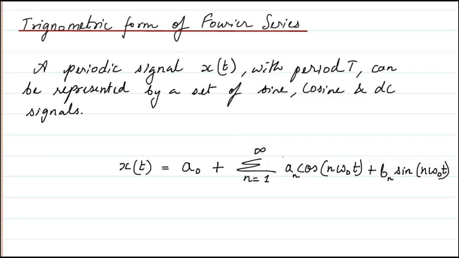So I'll put this in brackets also because the summation is applied to both. And this is basically the formula that Fourier had given.